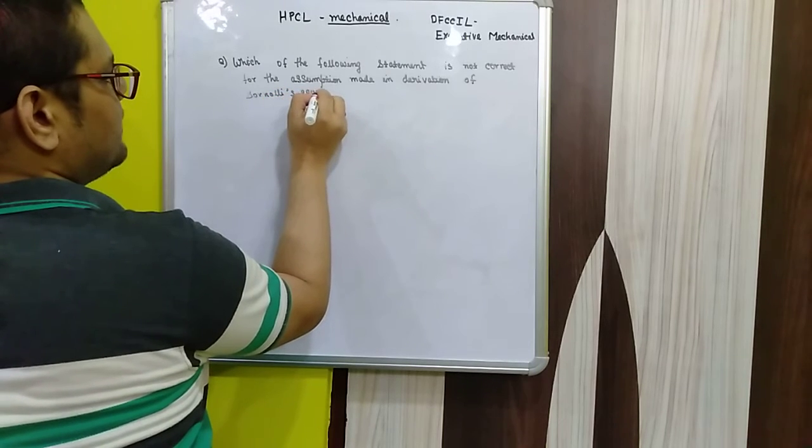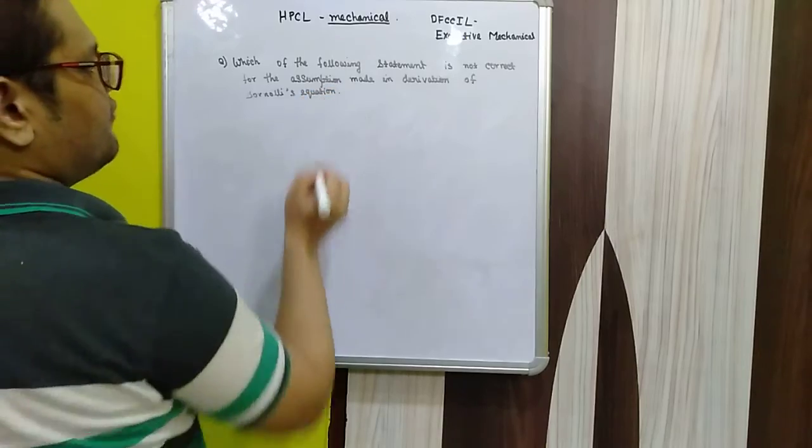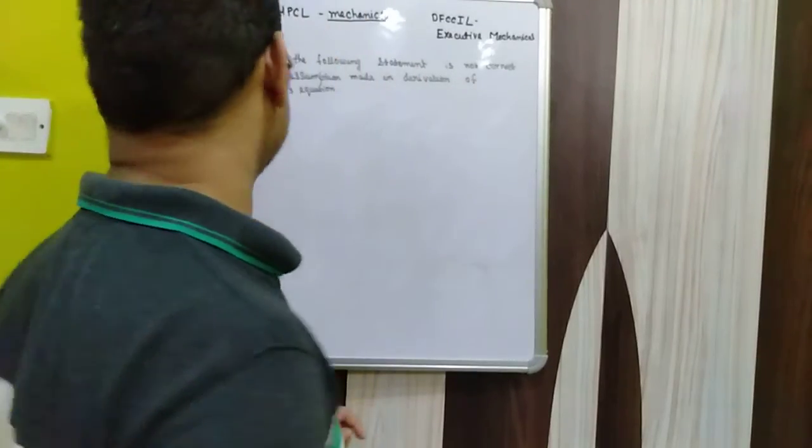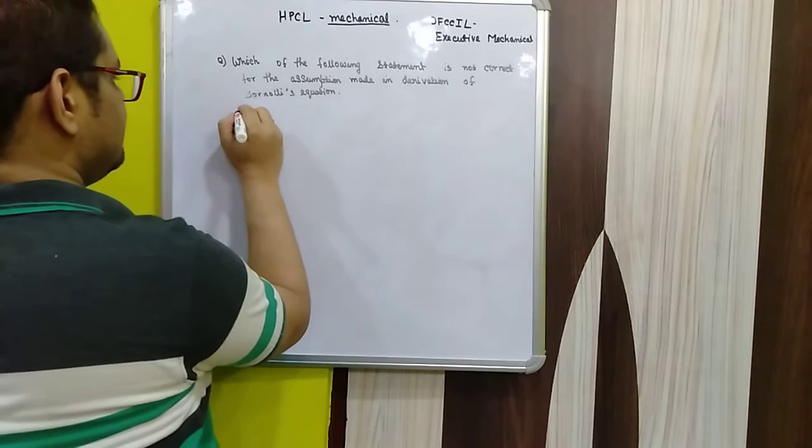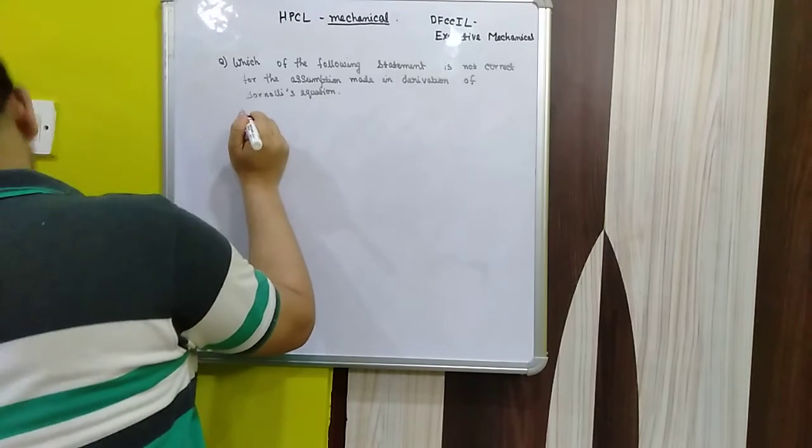So we know what Bernoulli's equation is. This is being used for measuring the fluid flow in fluid mechanics. So there are four options. The first is that the flow is steady.